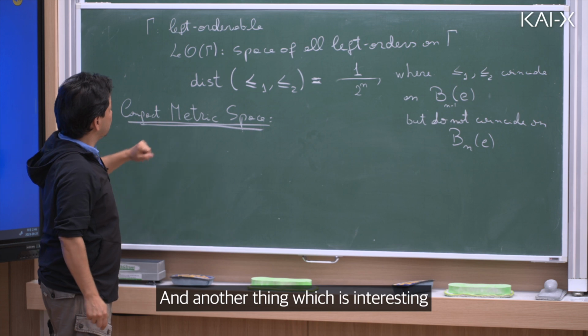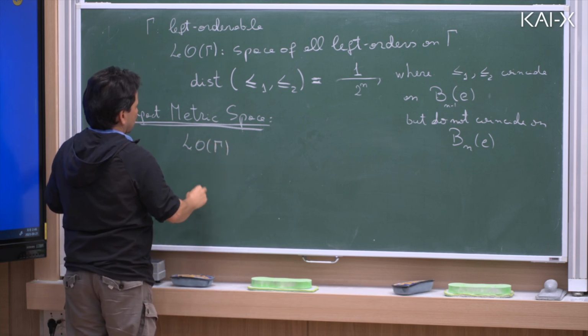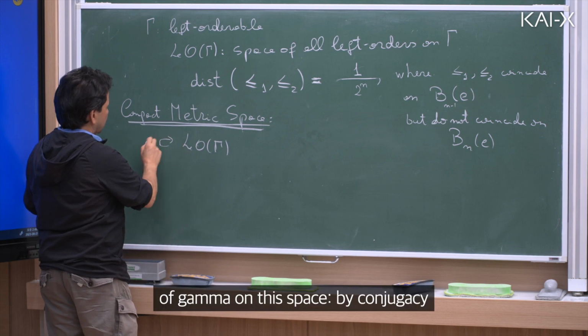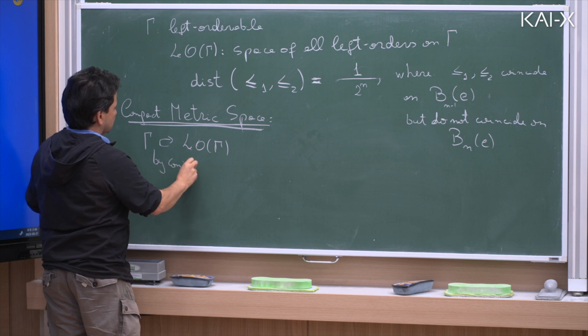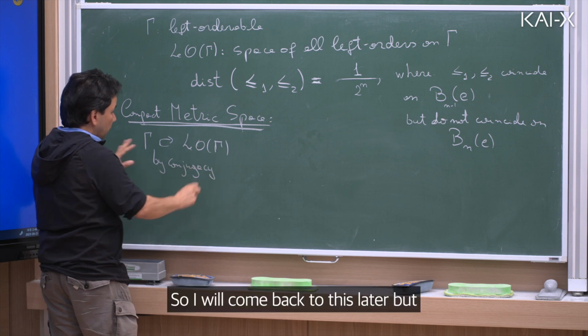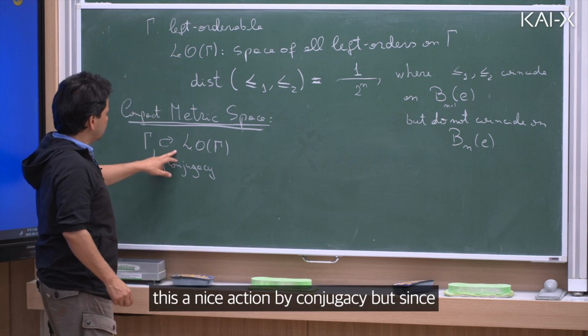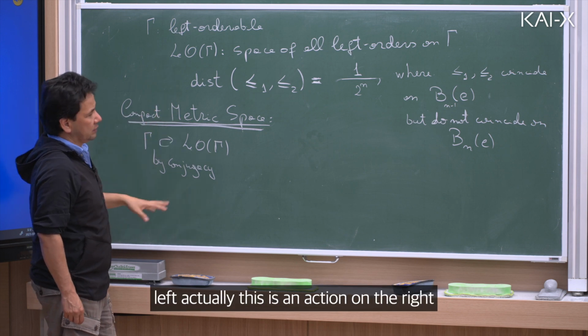Another thing which is interesting is that there is a very nice action of gamma on this space by conjugacy. I will come back to this later, but it's a nice action by conjugacy, but since the orders are already invariant on the left, actually this is an action on the right.